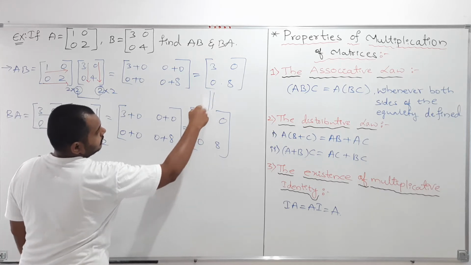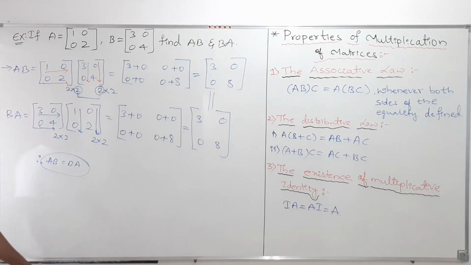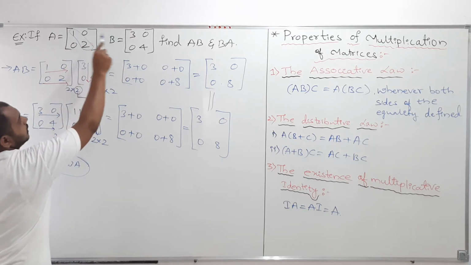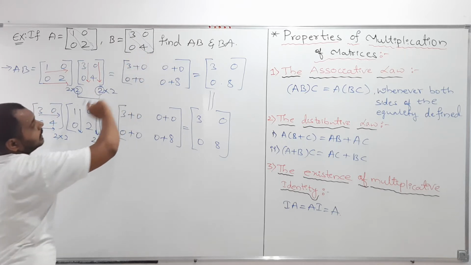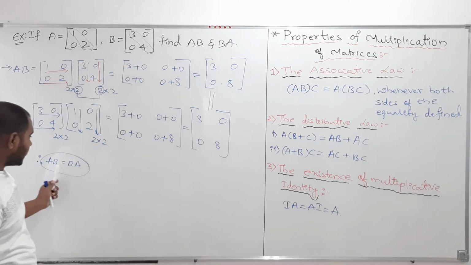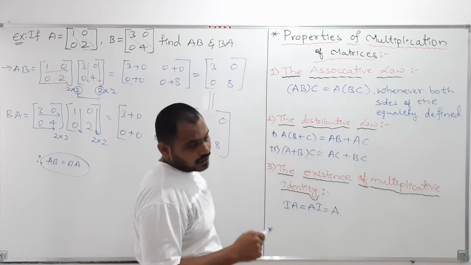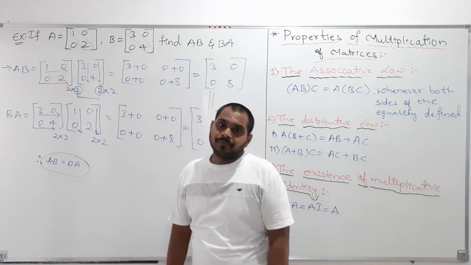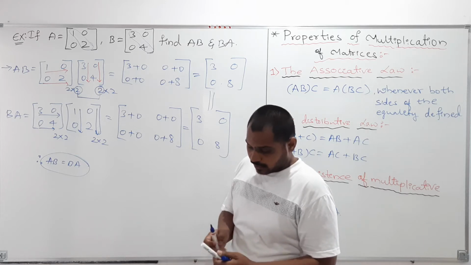So since these two values are equal, AB equals BA. Therefore, since these are two diagonal matrices, if two given matrices are diagonal matrices and their products AB and BA are defined, then they are equal. Clear? I hope you understood, my dear students.